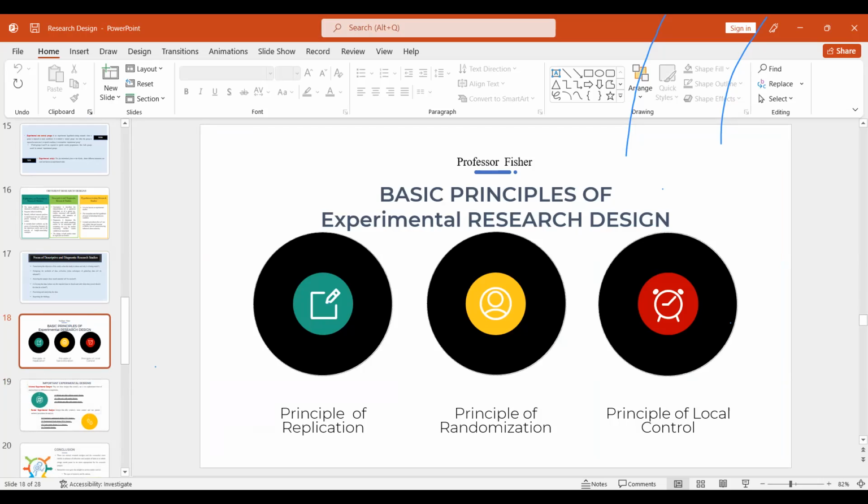So basic principles. Now I come to the basic principles of experimental designs. There are three principles: the principle of replication, the principle of randomization, and the principle of local control.